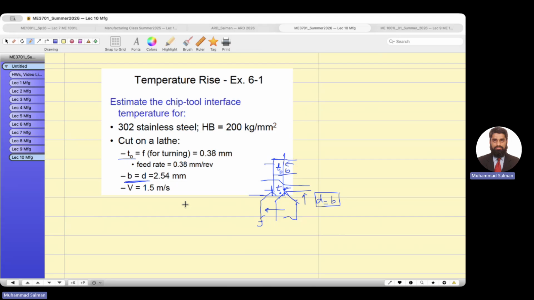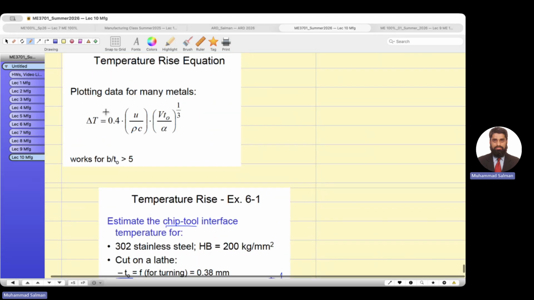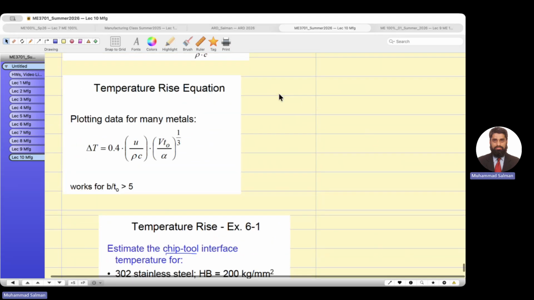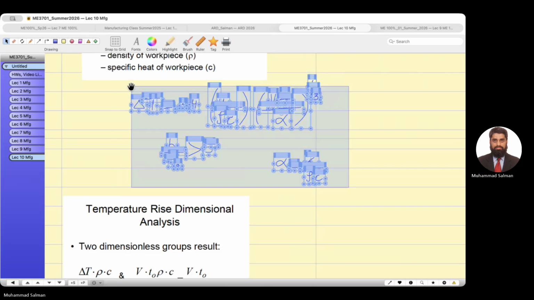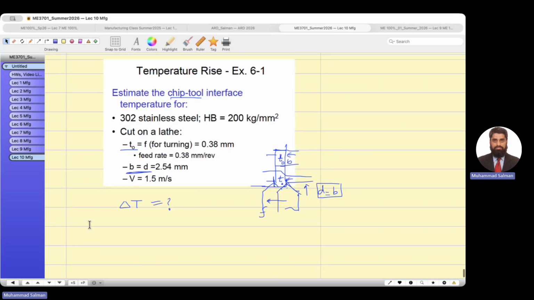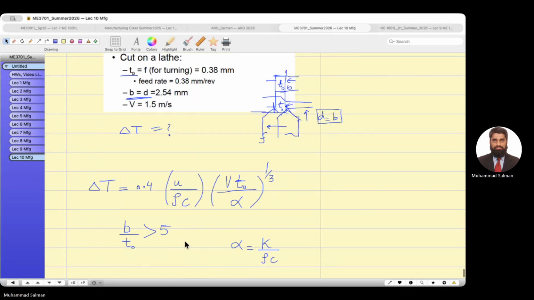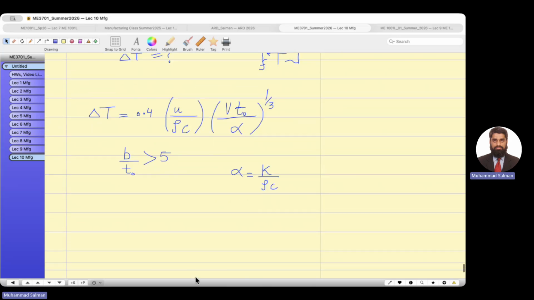Now let's go back to our question. You have to find delta T. You need to apply this formula, so I'm going to write down this formula again. For this formula you need the density and everything.